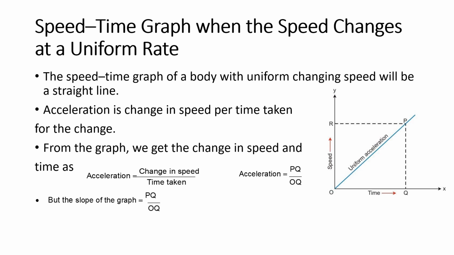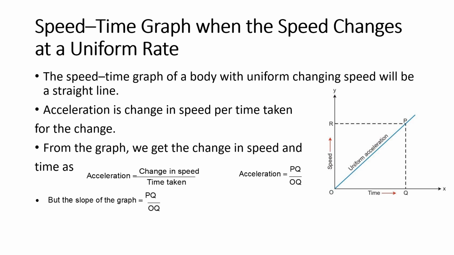Now, the speed time graph when the speed changes at a uniform rate. The speed time graph of a body with uniformly changing speed will be a straight line. Acceleration is change in speed per time taken for the change.